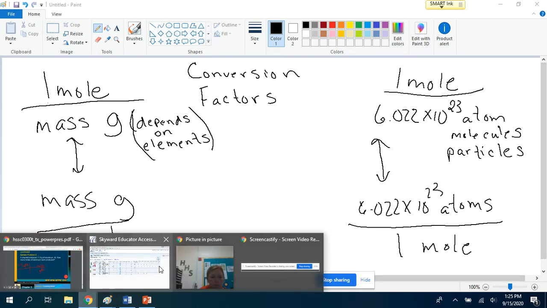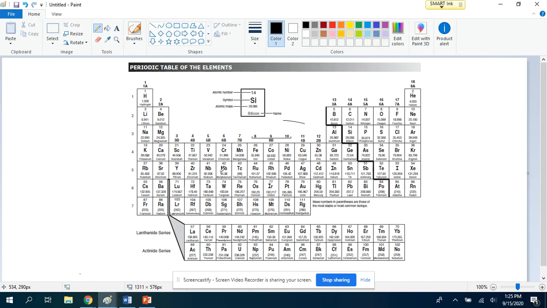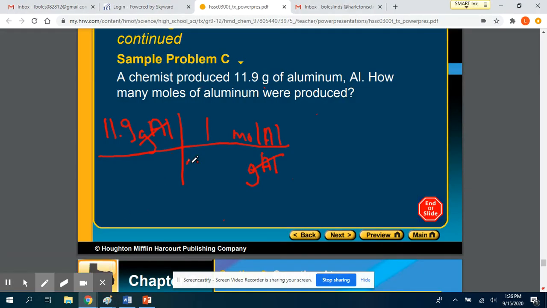To use that one, we just put a 1 in front of the moles, and we need to look up the molar mass of aluminum. Aluminum's molar mass is 26.992. There you go. That's how you use that conversion factor.